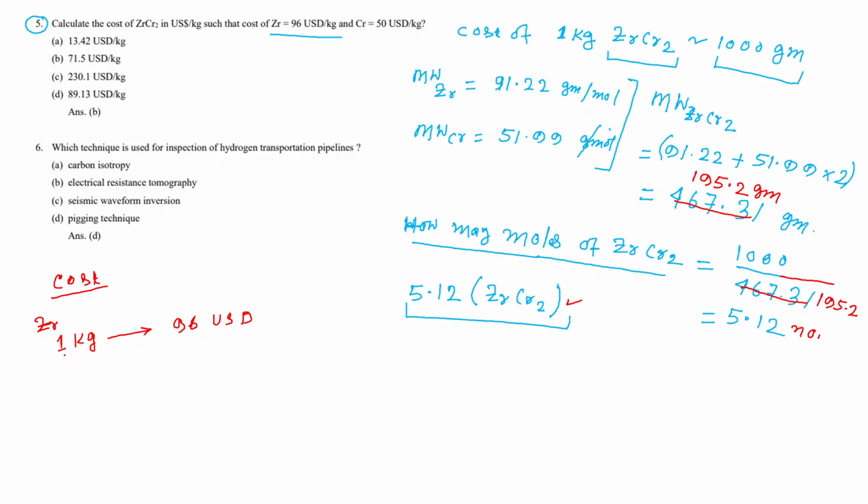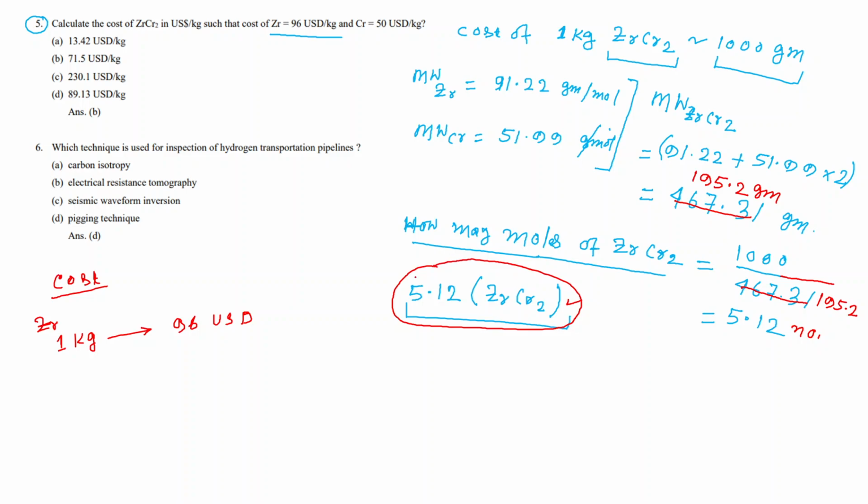So how much amount of Zr is required to form 5.12 mole ZrCr2?